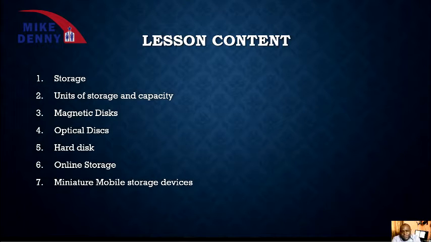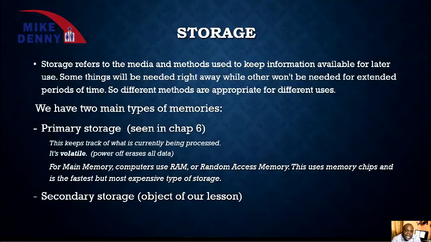The different type of devices that you can use to store your information. As you can see, we are going to focus more on secondary storage device. And we can say that storage refers to the media and methods used to keep information available for later use.